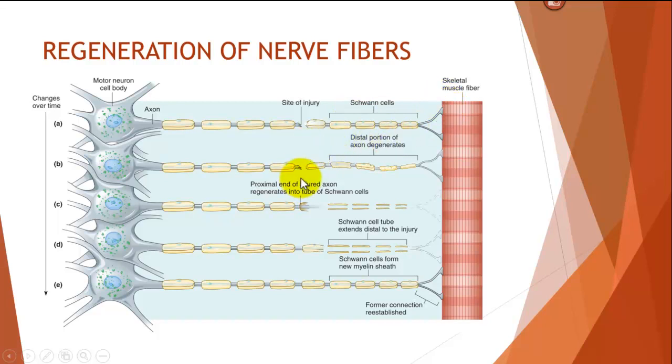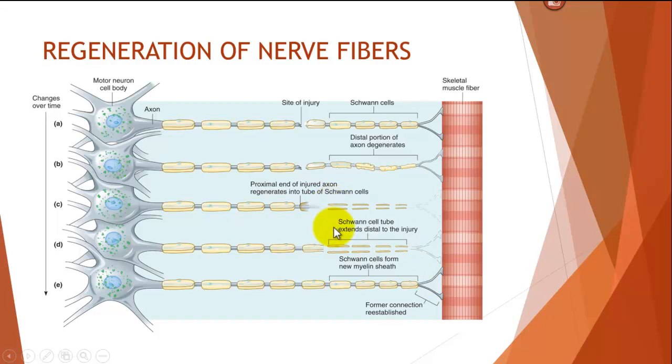So if something happens and this axon gets severed, the nerve gets damaged, that part is going to degenerate because now it's cut off from the cell body. And you see how it says the Schwann cell tube extends distal to the injury. That's the neurilemma sheath that's forming first, and it acts like a guide and allows you to go back and reattach again. So this is a peripheral nerve.